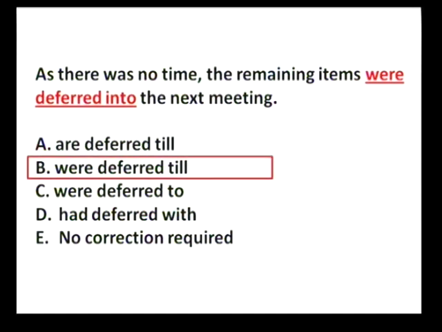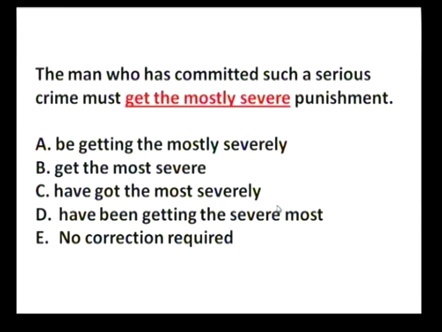And the correct answer is B, were deferred till. Now, why is it were? The sentence talks about past tense, as there was no time. If it says as there is no time, then you can say are, okay? Because plural of is are, plural of was is were. That's why were is the correct answer, B.